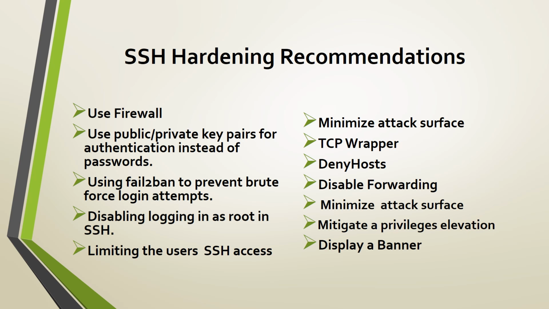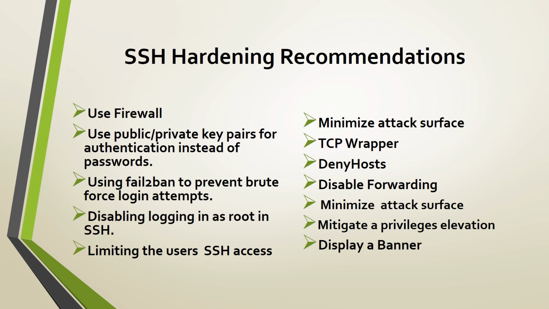Also, you can mitigate privilege elevation, and this prevents users from being able to set environment options through the SSH connection and potentially break some access restrictions. You can do this in the sshd_config by putting PermitUserEnvironment no. And also, you can do privilege separation to prevent privilege escalation by containing any corruption within unprivileged processes.